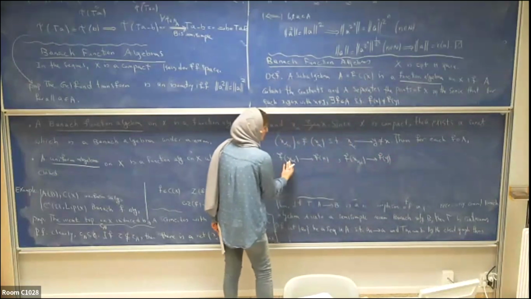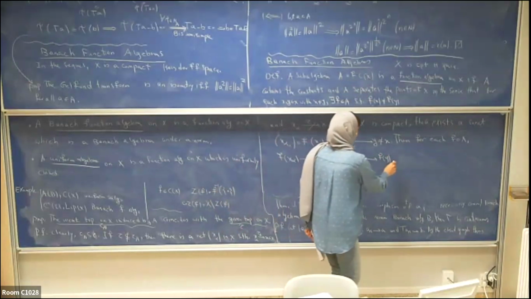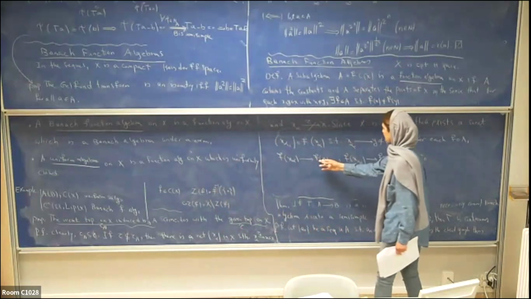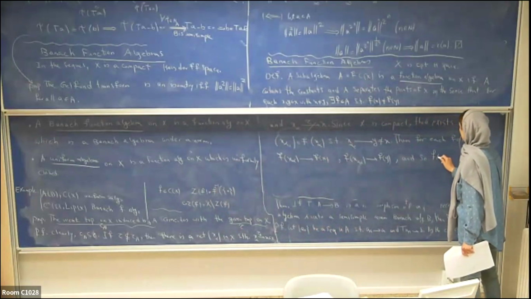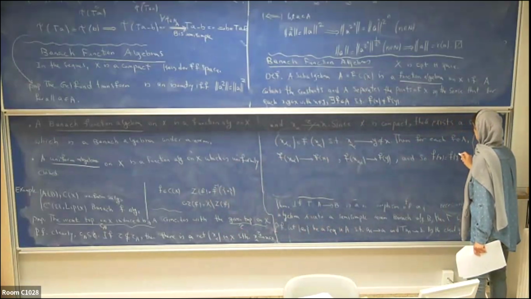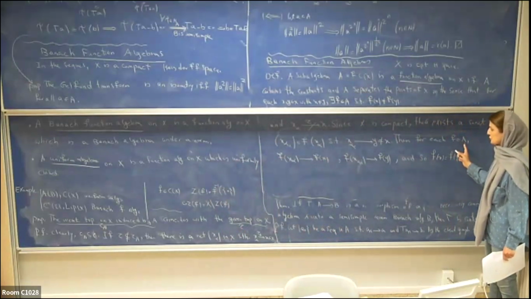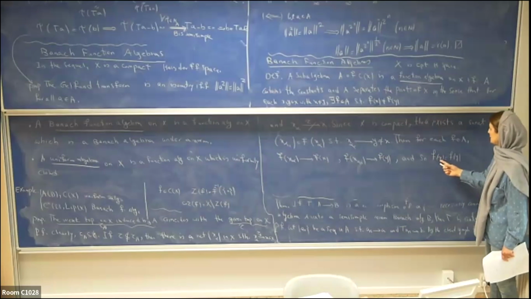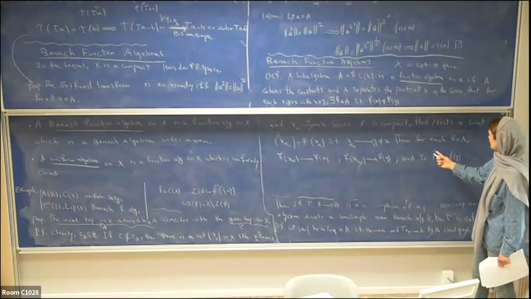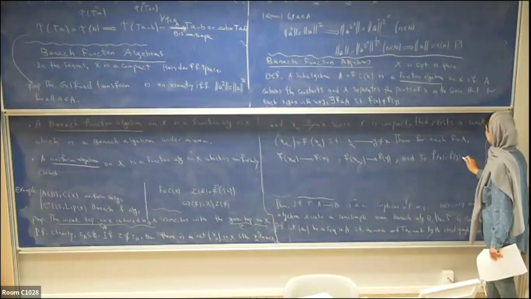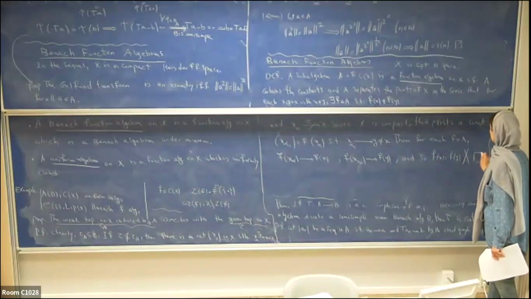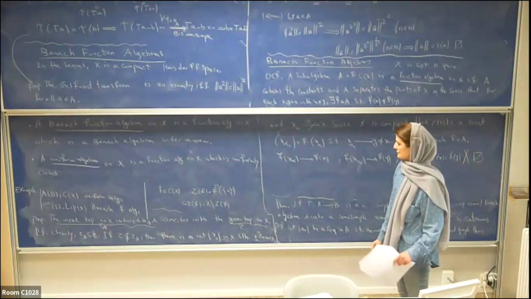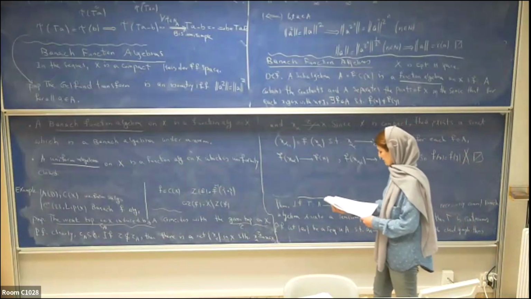Anyway, this is a subnet of this one, and then the limit should be unique, so f(x) is equal to f(y). It happens for each f, but we know that A is a function algebra that separates the points, so it should be y equal to x, but it's not true. It is a contradiction, which shows that the converse is also true. It means that tau is a subset of tau_A.